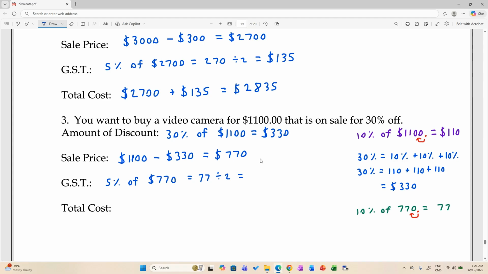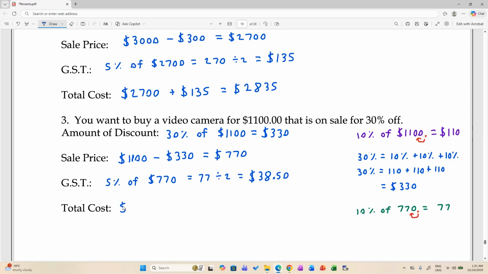So then that means that this should be 38.5. So my GST, my 5% of $770 should be $38.50.